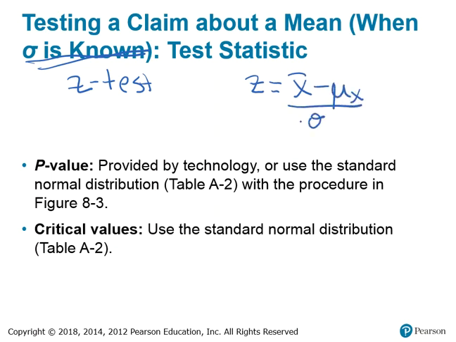Since you know it, you're going to use the standard deviation for the population. So the only difference is it went from being s to sigma, or the standard deviation for the population, and in your technology, instead of doing a t-test, you would run a z-test. Okay, so with that, that ends this section, and that ends chapter 8.